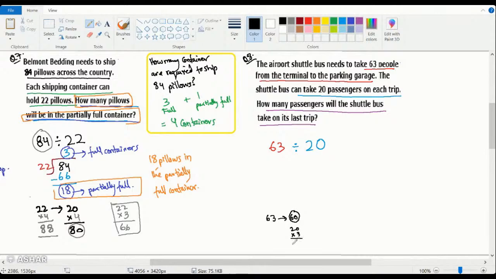Agreed? So we can find an answer that is very near to 63. So when 63 was divided by 20, 20 times 3 is 60. We subtract and we are left with 3 passengers in the end, right?